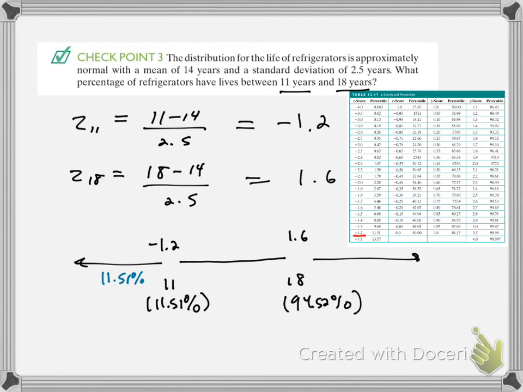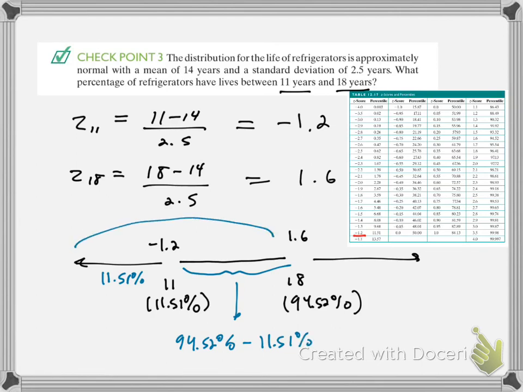In between these, all I need to do, guys, is just take the 94.52% and subtract the 11.51%. Because I know a total of 94.52 are in this range, and I know that in this range is 11.51, so to find out the ones in the middle range, I just subtract them. It's that simple. What do I get for that? 83.01% is your answer.